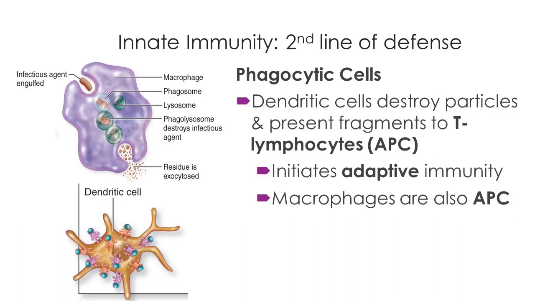Now, dendritic cells, and remember, this is in our epithelium, like in our skin. And again, the other monocytes, macrophages, we already said they're going to be antigen-presenting cells.